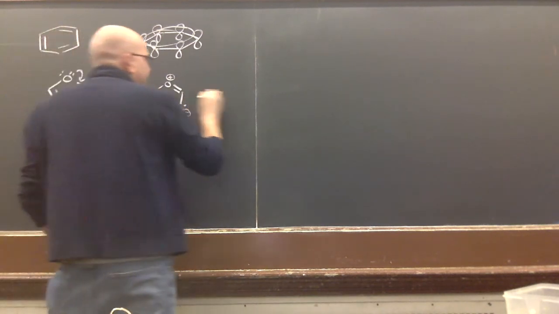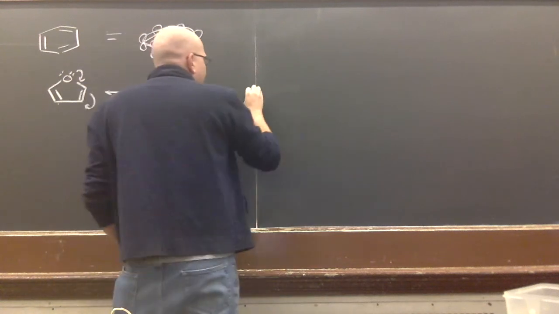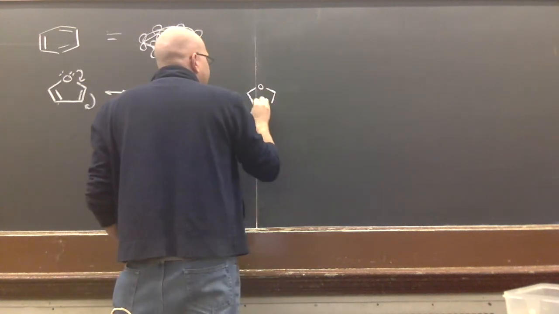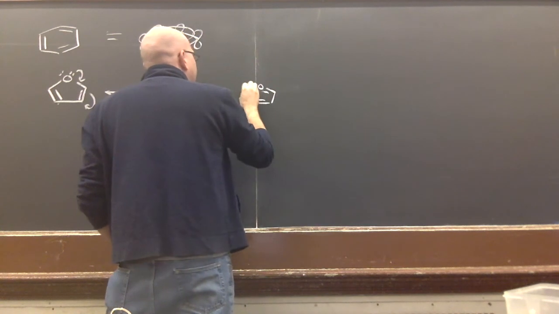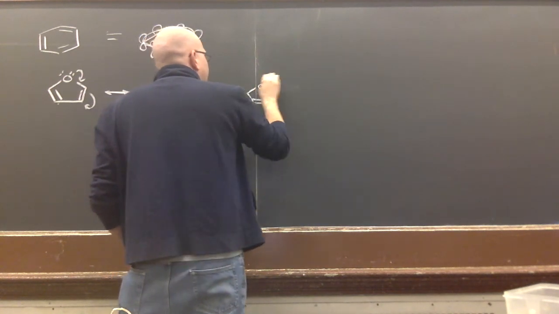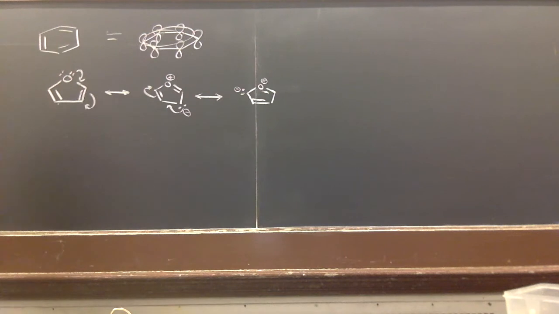Put a negative charge there. So you can draw these resonance forms, and I understand that this doesn't look as neat as some of the other ones we've seen.